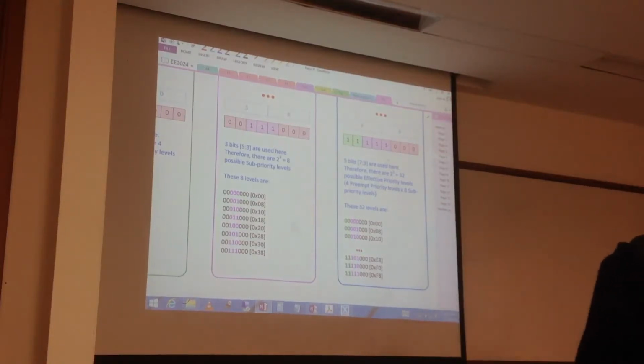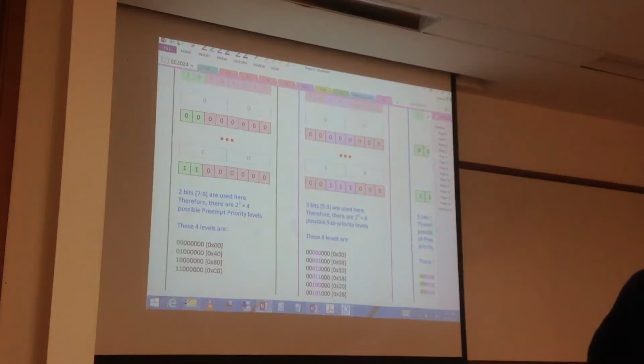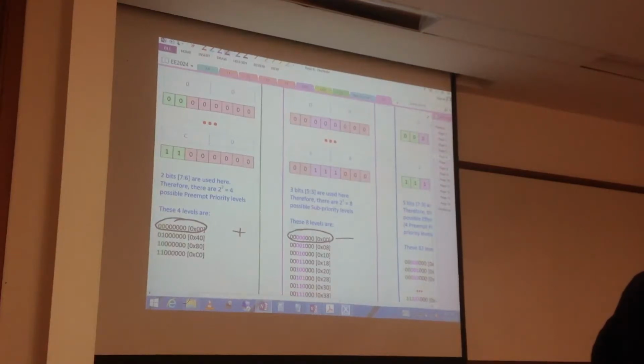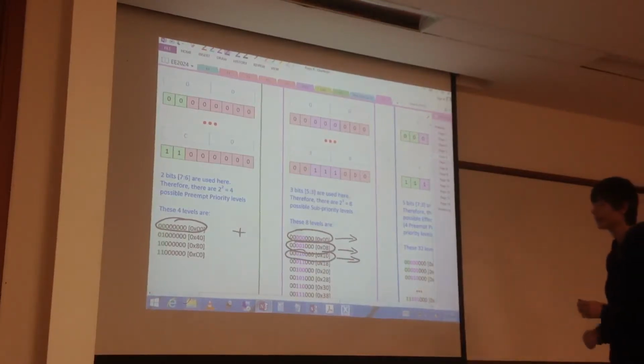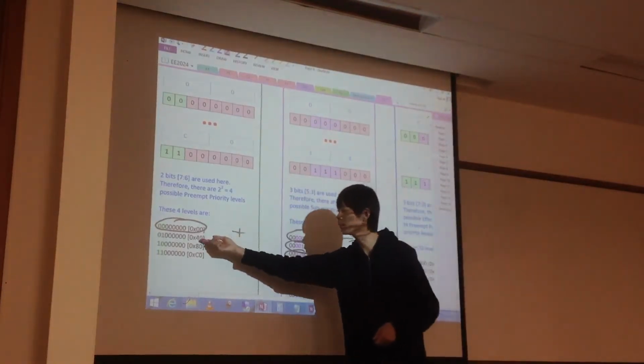And as always, to get the effective priority of each case, with the first case we get 1 effective level, with the second case we get another effective level, and here we get another one.